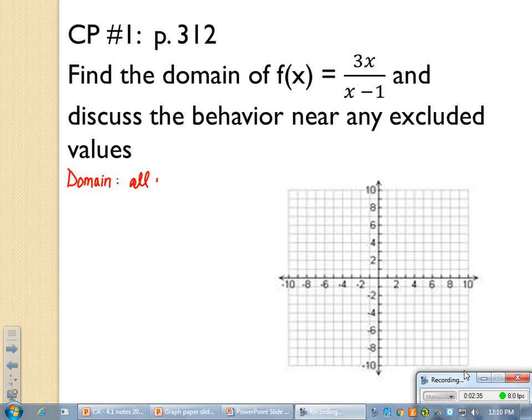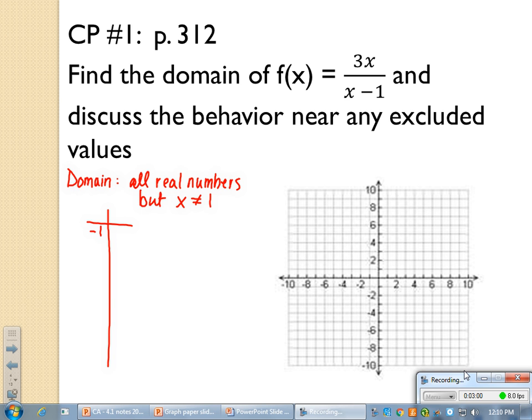is all real numbers but x cannot equal 1. Okay, so as we get closer and closer and closer to an x value of 1, what's our graph going to do? All right, so I created a table of values, and you can check me on this, but I came at my 1 from the left.